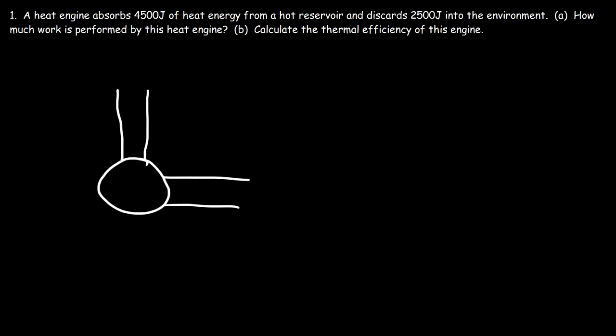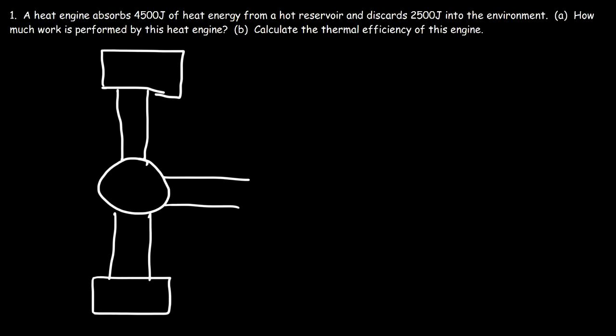So this device represents the heat engine, basically this circle in the middle. Now the amount of heat energy that's being absorbed is 4,500 joules. This is the hot reservoir, and this is the cold reservoir. So heat naturally flows from hot to cold.